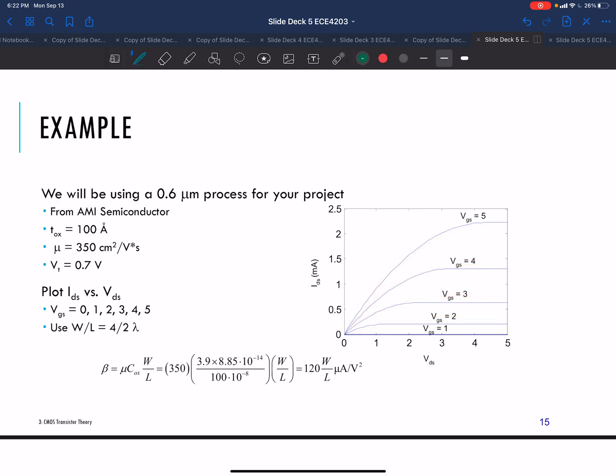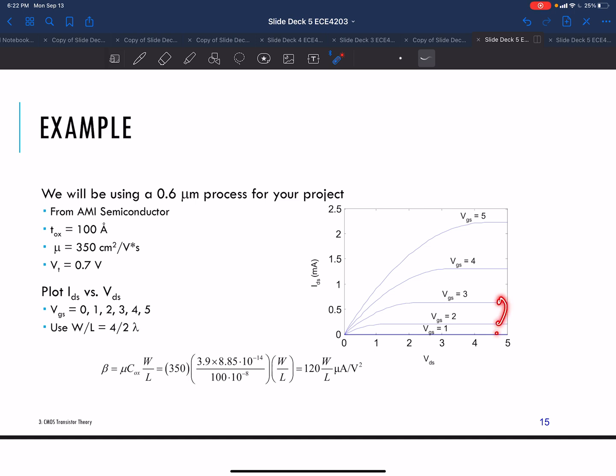So at different VGSs, as VGS increases, notice how from VGS of 1, where the device is barely on, to VGS of 2, there's a big jump in current, and also a big jump in current from 2 to 3 and so on, because in these areas, this is in saturation, so you have a square law dependence on VGS minus VT.